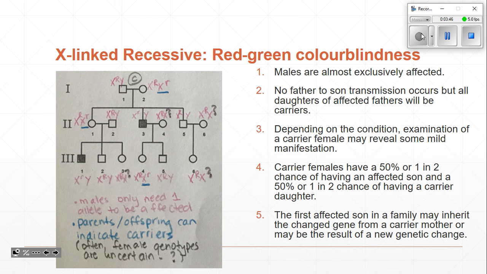Since color blindness is recessive, for everybody who has normal vision, I gave them one X chromosome with a capital letter. I was using R's here for red-green color blindness, but really the letter you chose is not the most important thing. You'll notice that anytime I had a male whose symbol wasn't colored in, his genotype was determined. Males have one X and one Y chromosome.